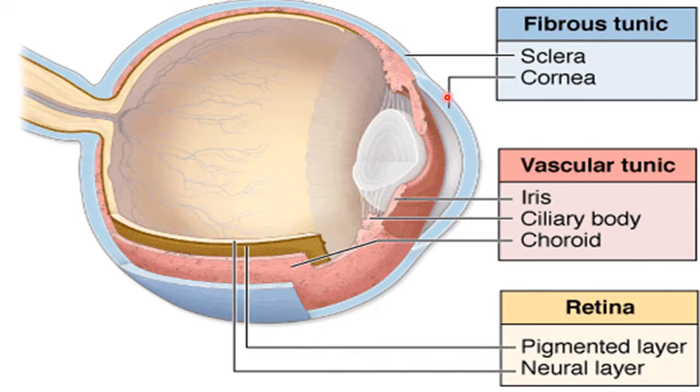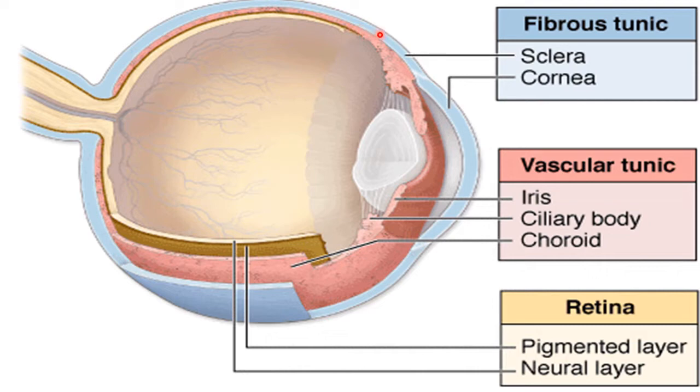The outer one is the fibrous tunic, made up of cornea and sclera, and the vascular tunic makes up the middle coat. It is made up of the iris, the anterior portion, the ciliary body, and the rest beyond the ora serrata, the posterior structure of the vascular tunic, is the choroid.